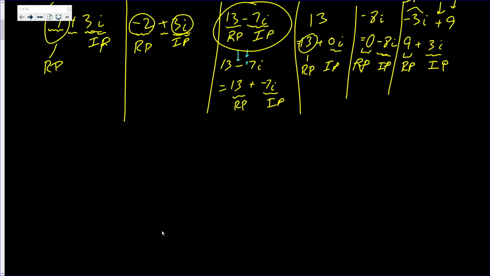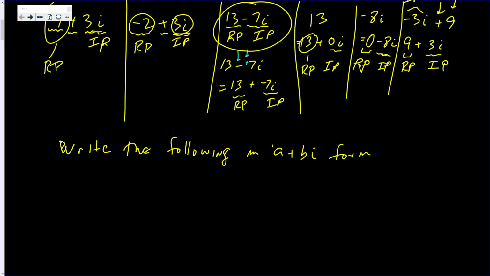Now, we give you some complex numbers. We want to write the following in A plus BI form. And this time, I demand that you be rigorous in writing it in the form of a plus bi.